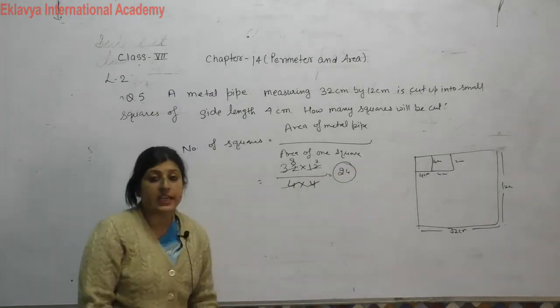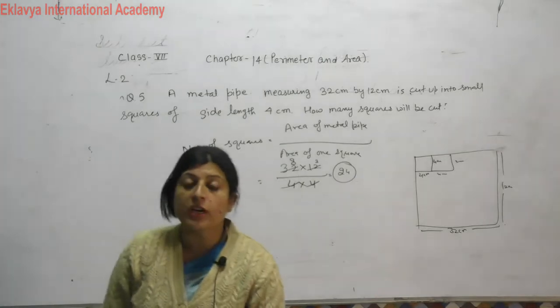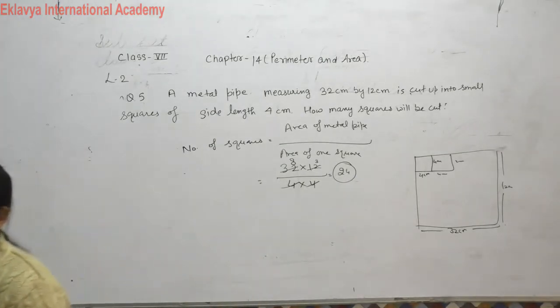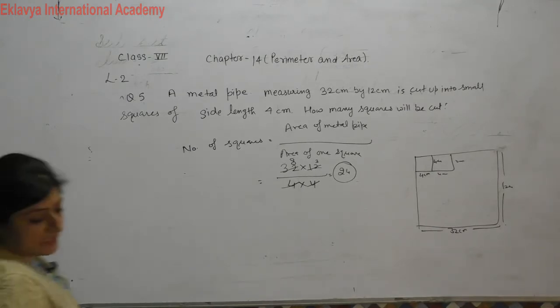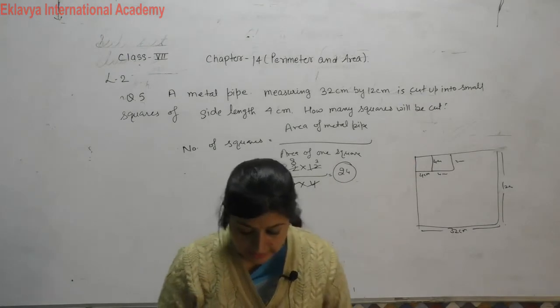It means we can cut 24 number of squares from it. Okay, this time we can find out any numbers. Yes, now see the next question, that is question number 6.